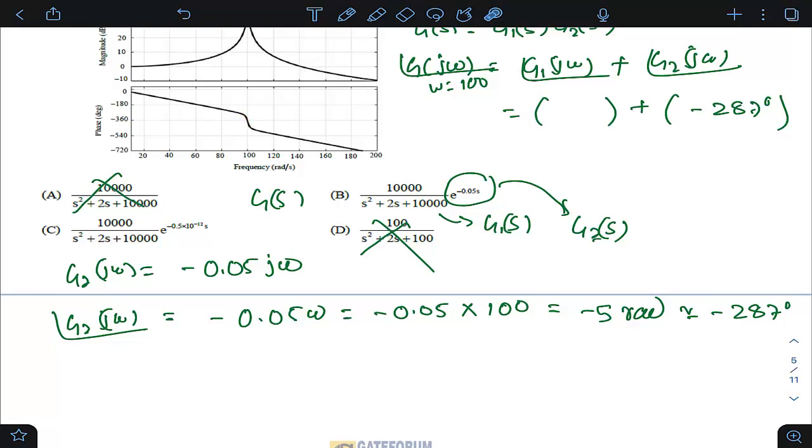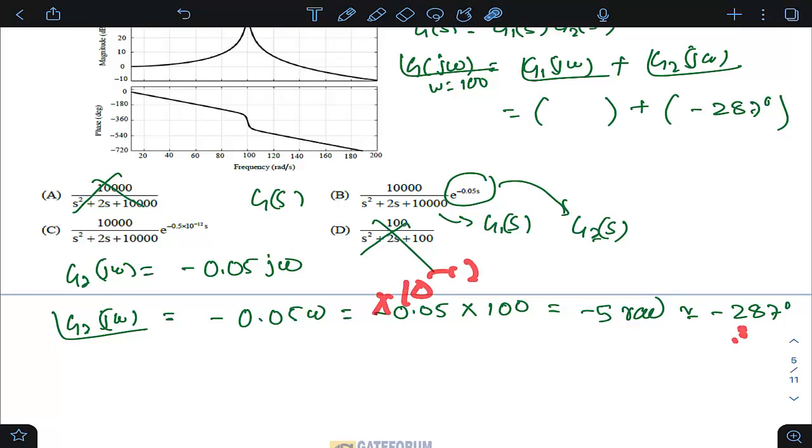So the answer has to be in option C. This phase contribution, because of this 10 raised to power minus 12, will be very, very negligible. So logically it means that B has to be the answer. Imagine if I am writing here times 10 raised to power minus 12, this will be almost 0.